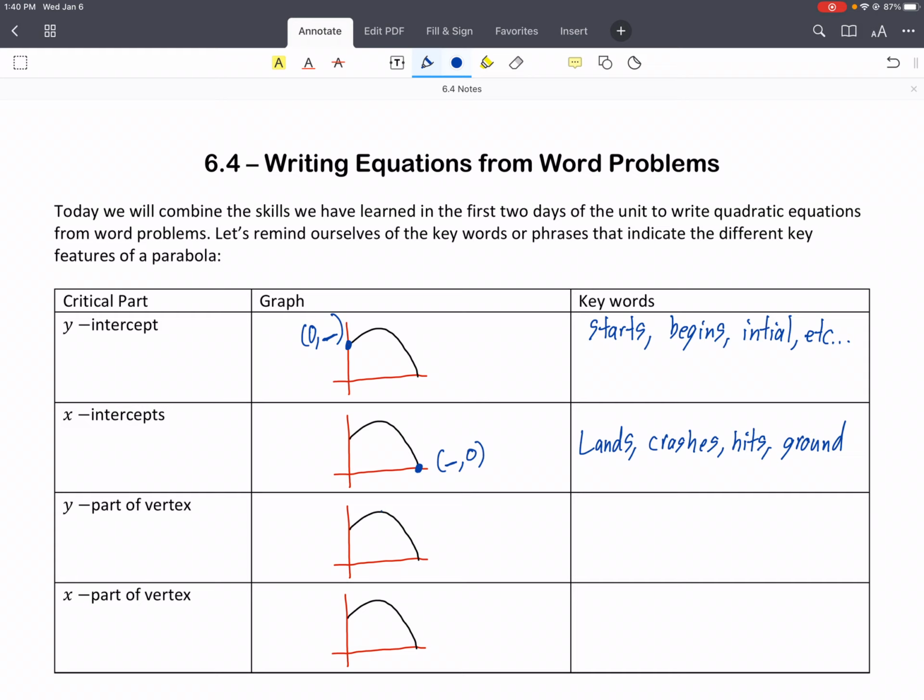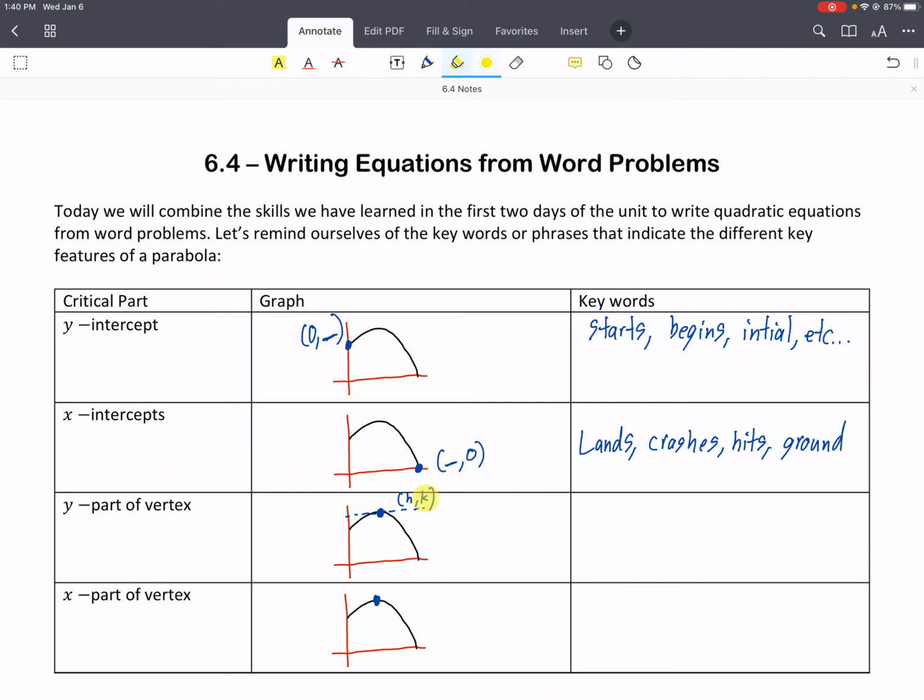With both of these, our vertex, we're going to be looking at different things. So the y part of our vertex, basically, we could think of it as that line right here. So your vertex is going to be at h and then k, just using our vertex form notation.